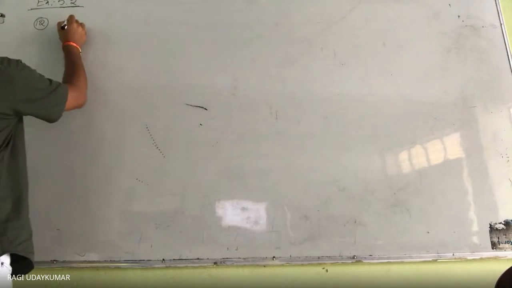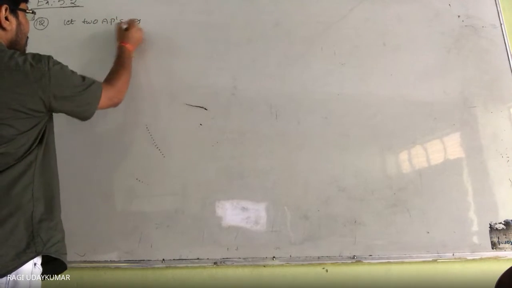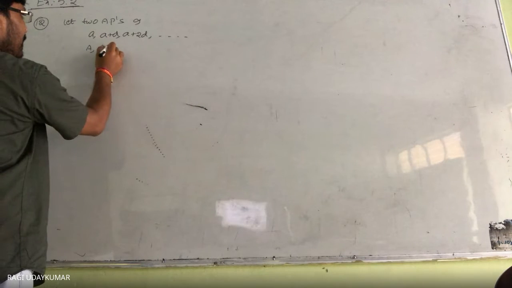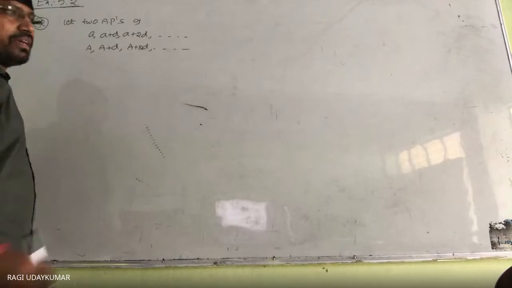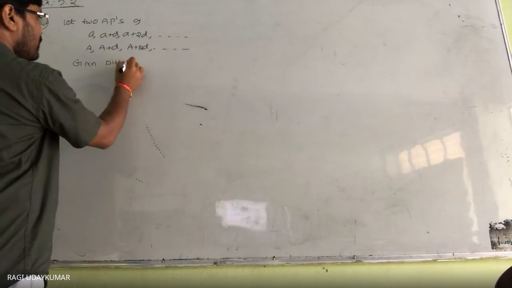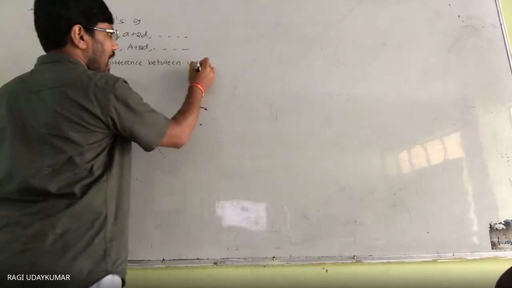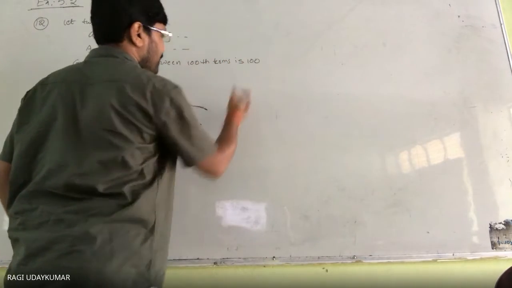Let the two arithmetic progressions be a, a plus d, and capital A, capital A plus d. Given the difference between the hundredth terms is 100.